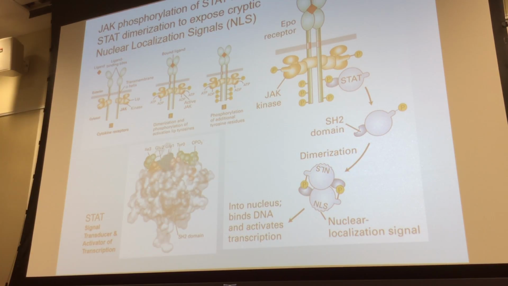An SH2 domain. So on STAT, we've got an SH2 domain so that it can interact with its partner. How terribly convenient. So this SH2 is going to interact with the phosphotyrosine on the other side of its partner. So isn't it nice? You can get a dimerization here.